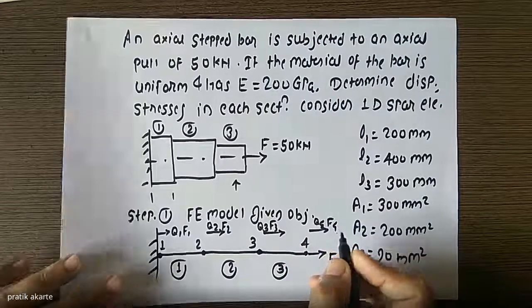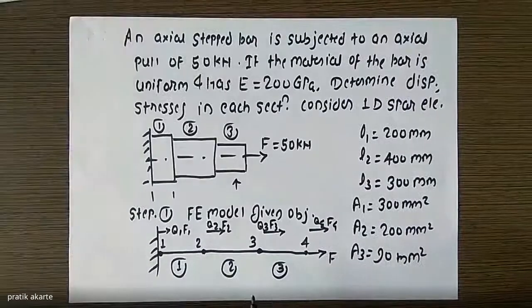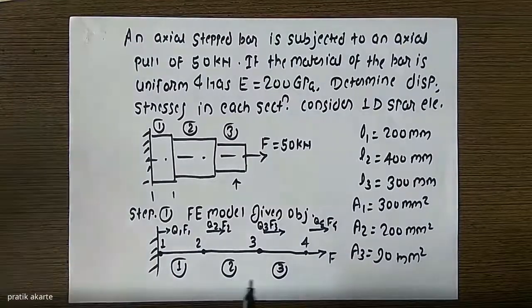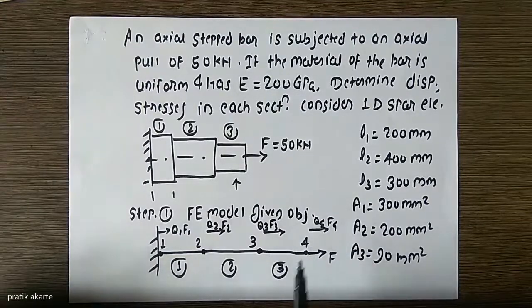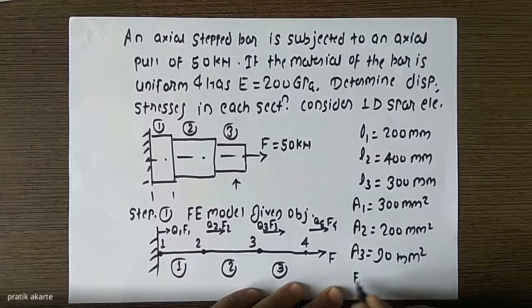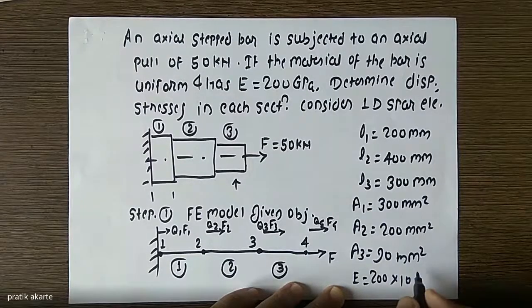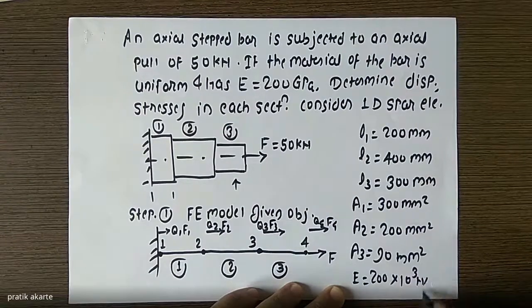So at each node we'll experience some displacement and some portion of the force. So this is the first step. These are the given things. Also, we have been given the modulus of elasticity as 200 into 10 raised to 3 Newton per millimeter square.